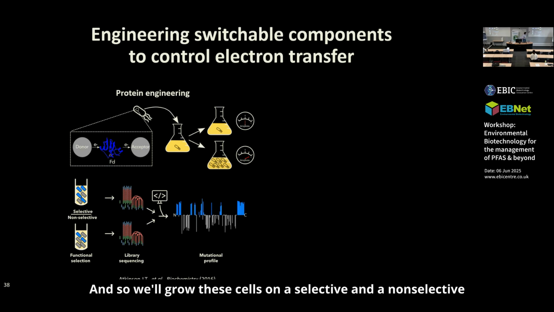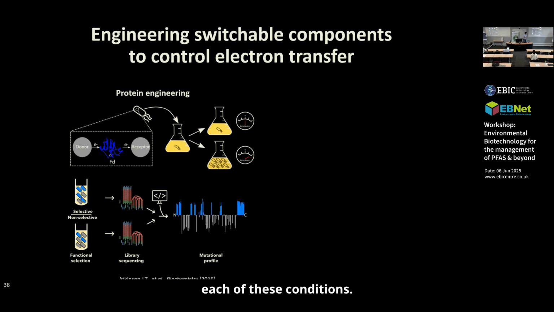We'll grow these cells in a selective and a non-selective condition, extract their DNA, and compare the number of each of the variants within each of these conditions. Then we make these mutational profiles that really give us the answer of all of the possible sites where you can insert a domain within this protein that it tolerates and can become a switch, right? We take some of these blue ones that seem to still be active and look at their function within this particular setting.